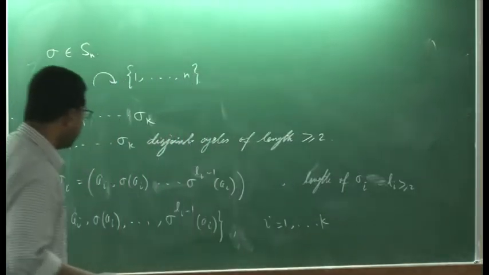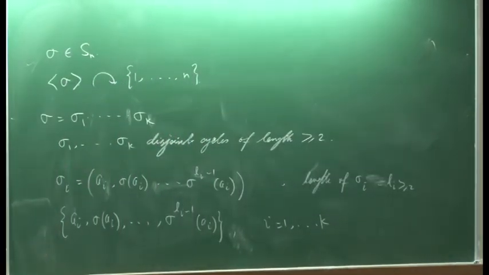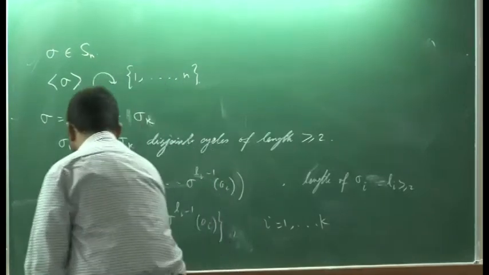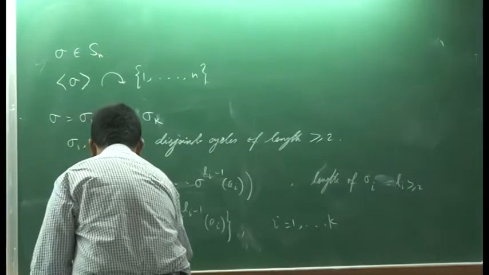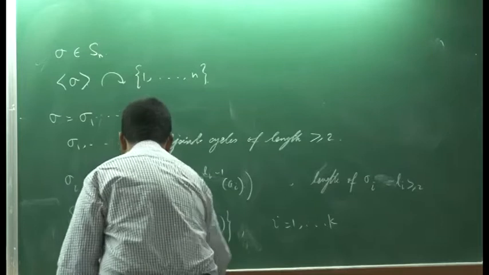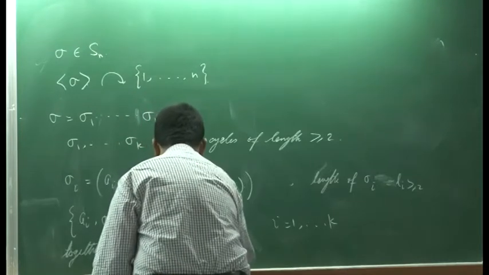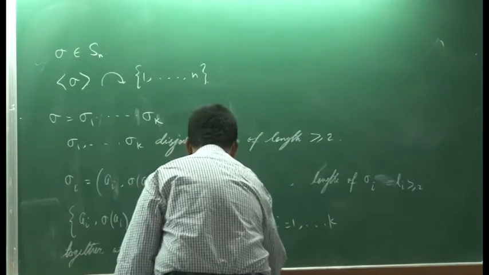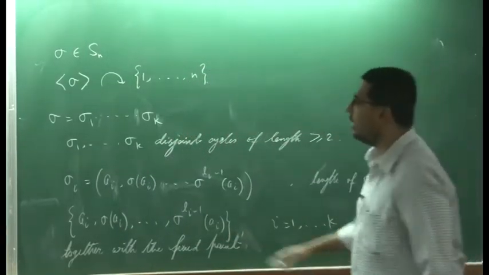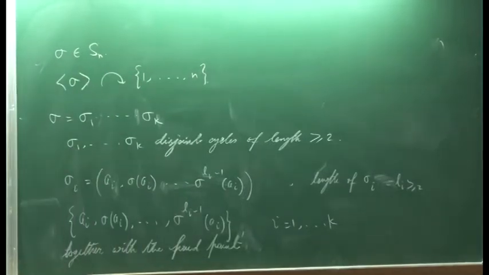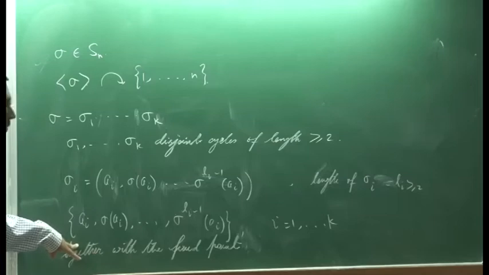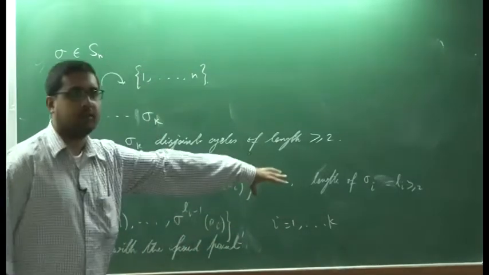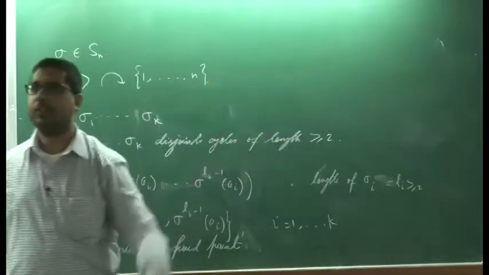So, these k subsets together with the fixed points give us all the orbits under this action. That is quite clear from here, because this is one orbit, that is clear. So, for each sigma_i, this set is easily seen to be an orbit. So, these are all the non-trivial orbits, and the trivial orbits are coming from the fixed points.